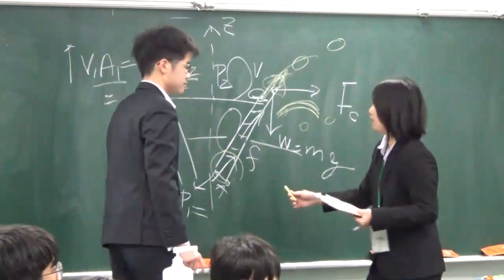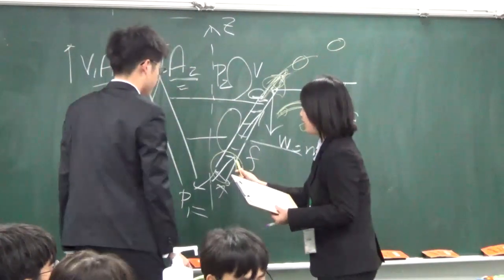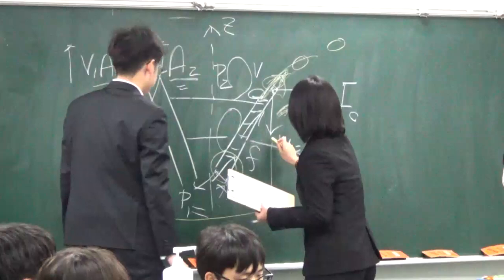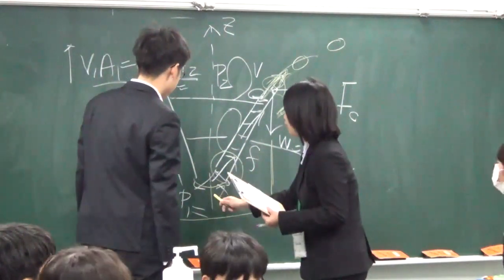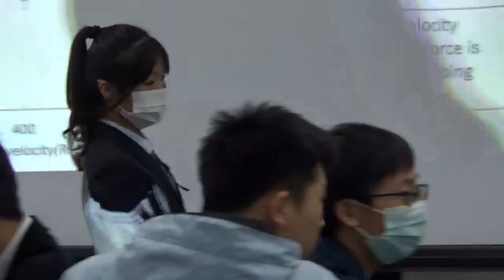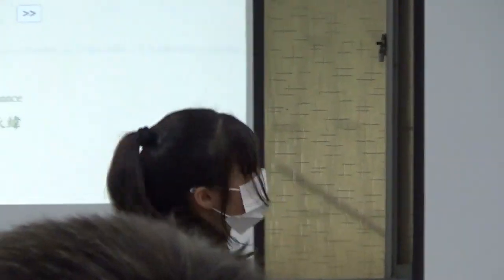But I think it's because this straw will rotate, right? Yes, and this is the container. It will let the water also rotate, and because of the rotating speed, the water velocity at the center part will become faster, I think. If the water velocity becomes faster, the pressure will become smaller.